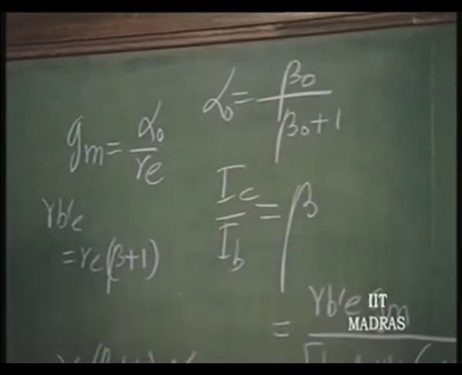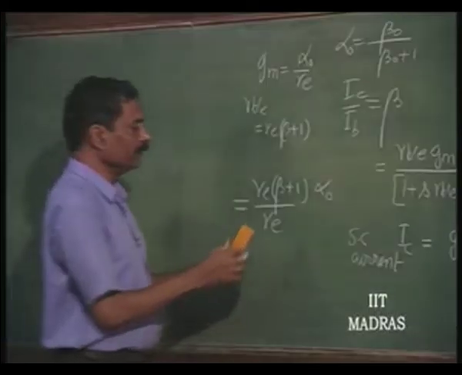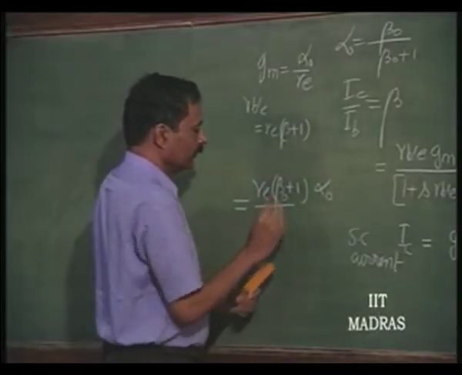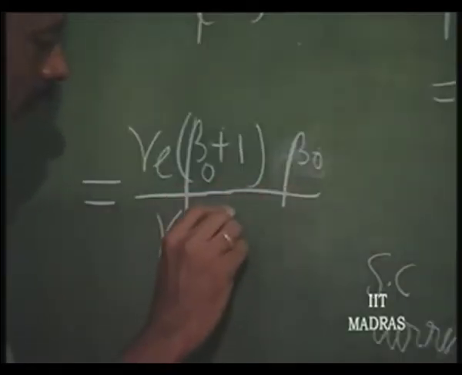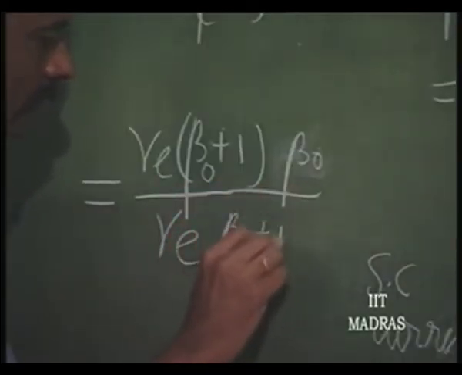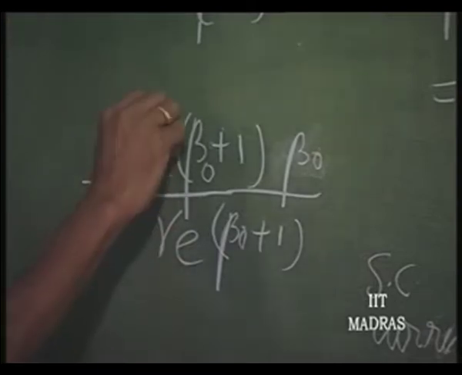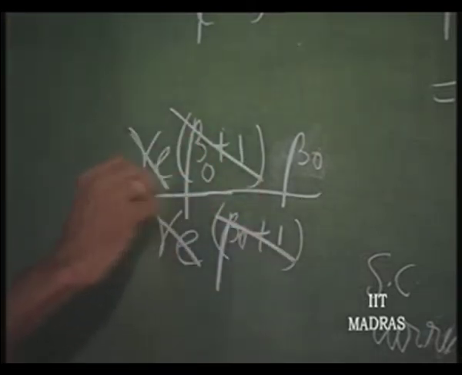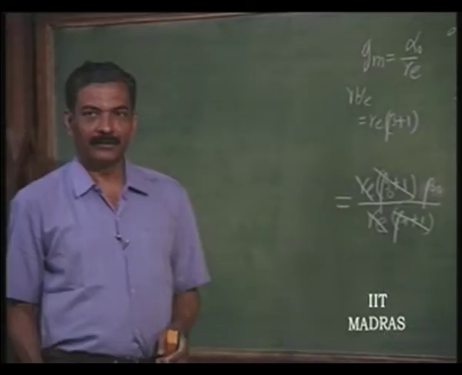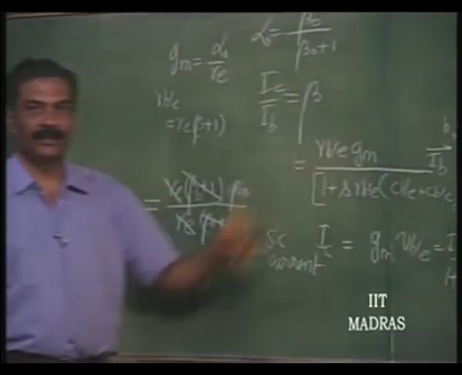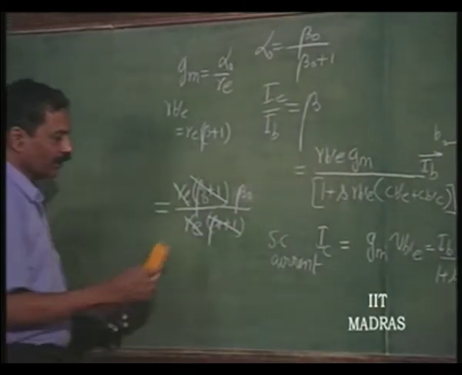So, you can see here this is, at low frequency, nothing but beta naught itself. This whole thing in the numerator is nothing but beta naught.